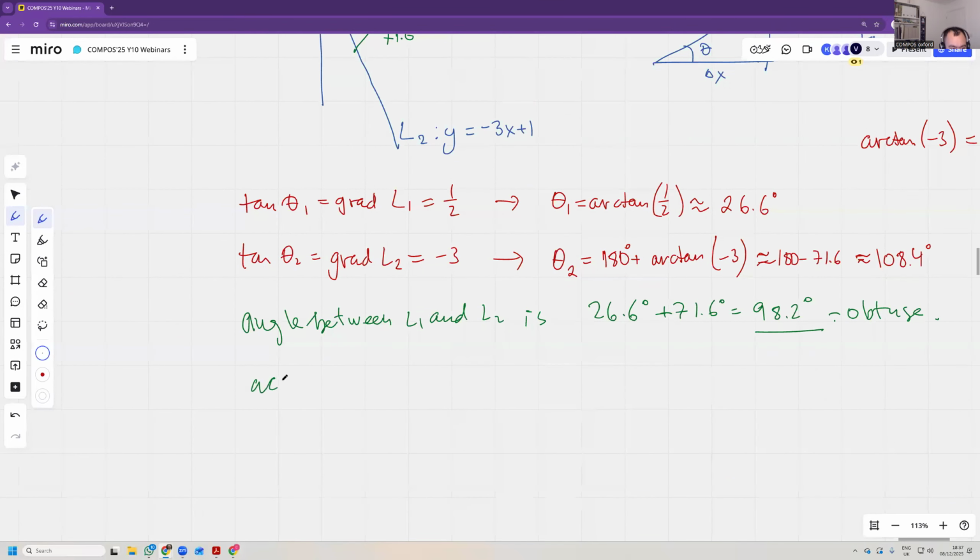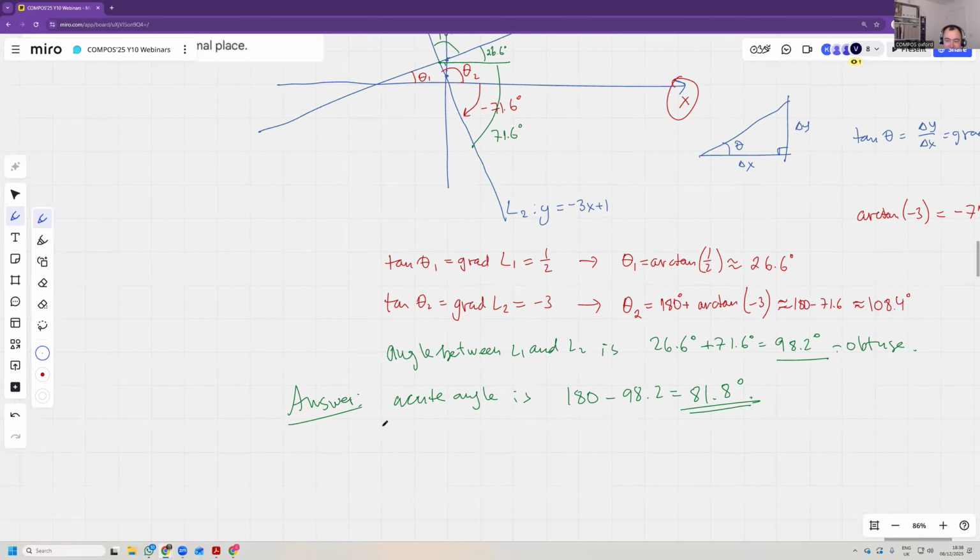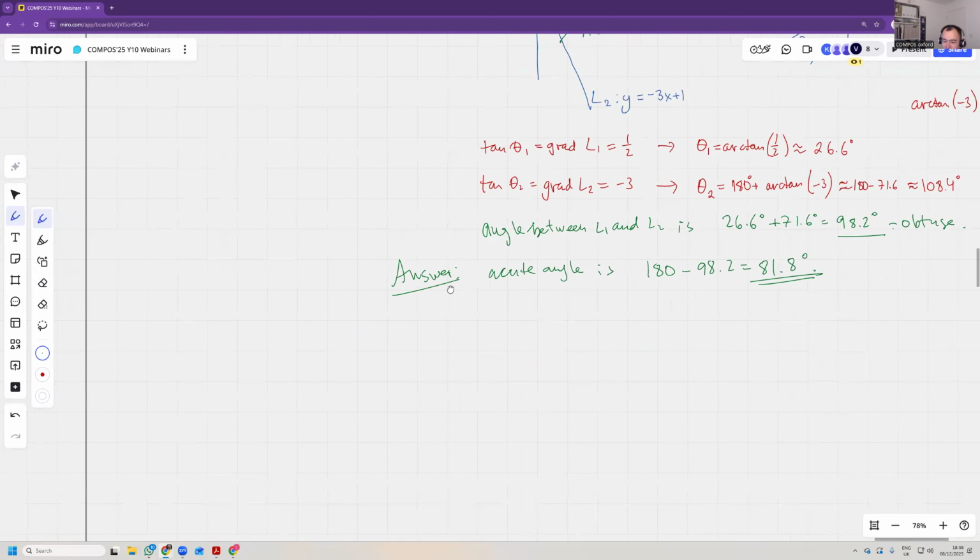So the acute angle is 180 minus 98.2, which is 81.8 degrees. Lovely, and that's the answer. Hope that makes sense. Moving on.